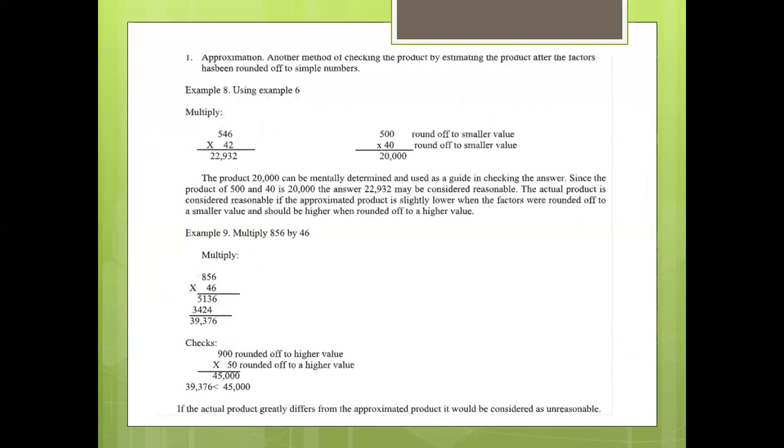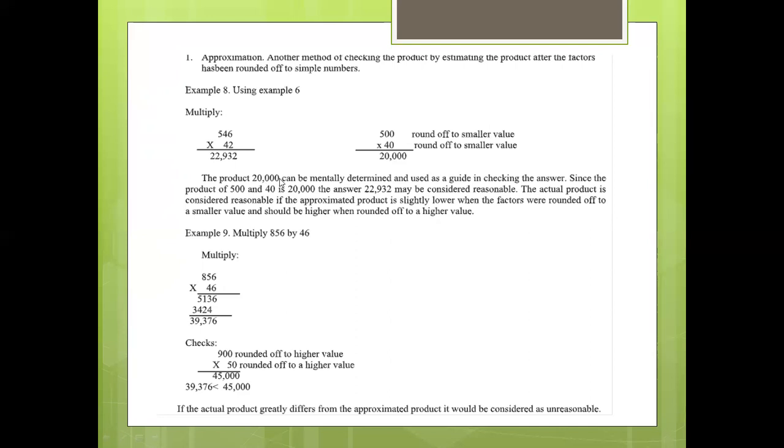So another method that we have is approximation. It is simply done by checking the product, by estimating the product after the factors have been rounded off to simple numbers. So we will be using example number 6 that we have, which is 546 and 42 as the multiplicand and multiplier, and this is our product, 22,932. So let's round off 546 to a smaller value, which is 500, and 40, which equals 20,000.